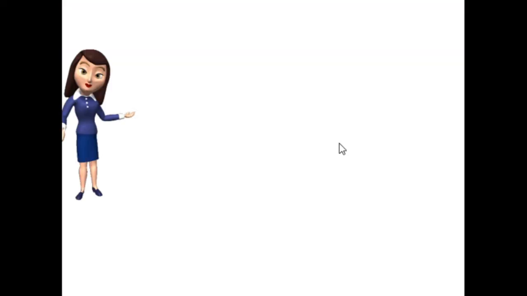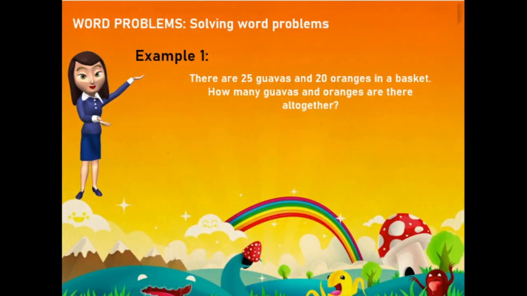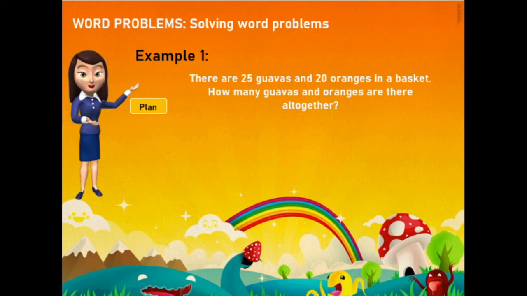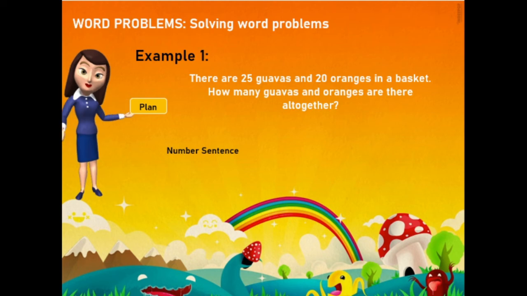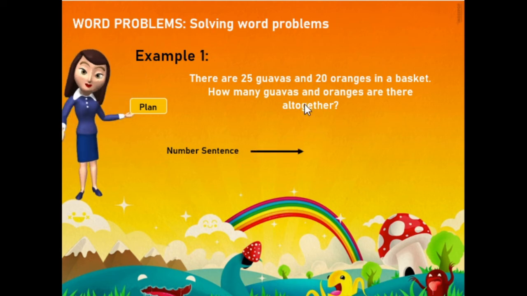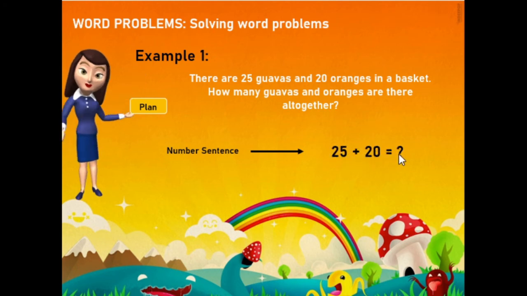Step 2. We need to plan. What are we going to do? We create or make a number sentence. And the number sentence for this word problem is 25 plus 20 equals question mark.